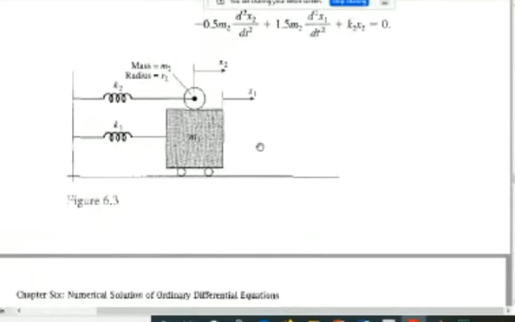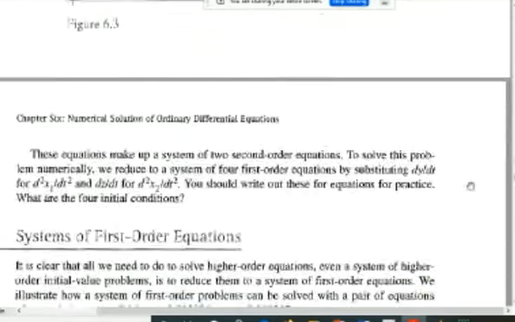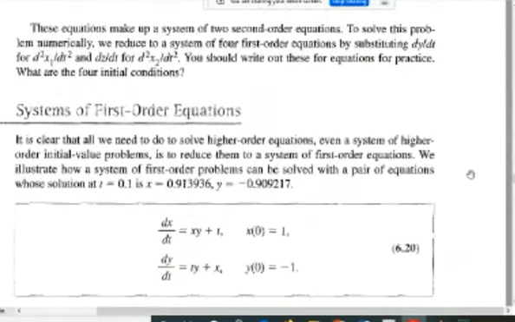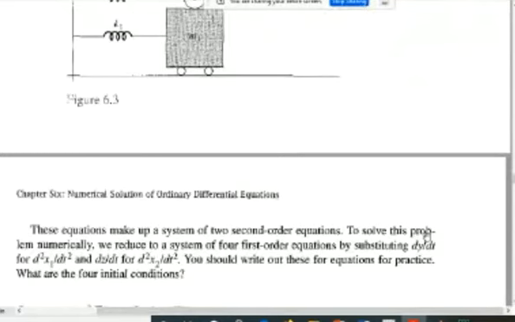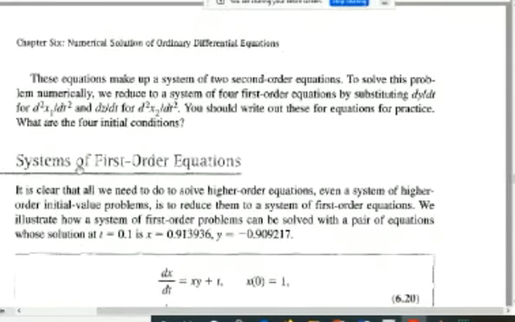The x1 is the position of the first mass, and the x2 is the position of the second mass. And finally, this system of equations is transformed to a system of four differential equations with single order differentials by adding two variables, z and y, and their derivatives.